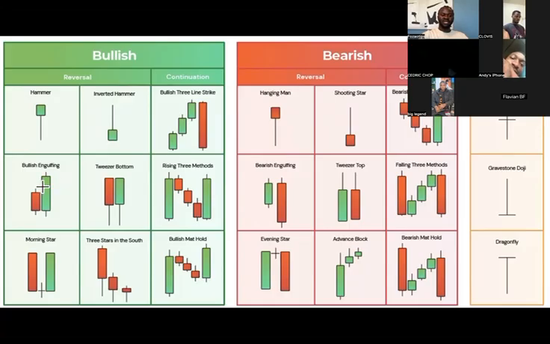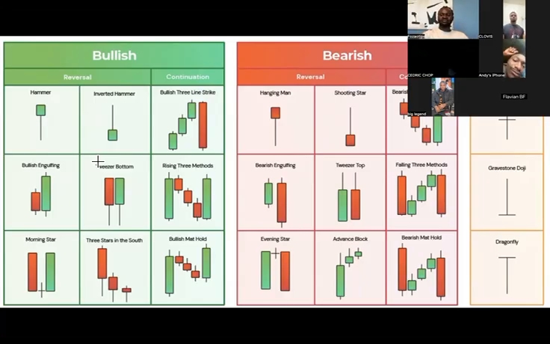Just like all these other reversal candles, it signifies a potential reversal. So if there has been a lot of selling pressure, a lot of selling candlesticks, and you start seeing something like this towards the bottom, towards cooling off, an inverted hammer or a hammer is signifying that, okay, this is a potential bottom.